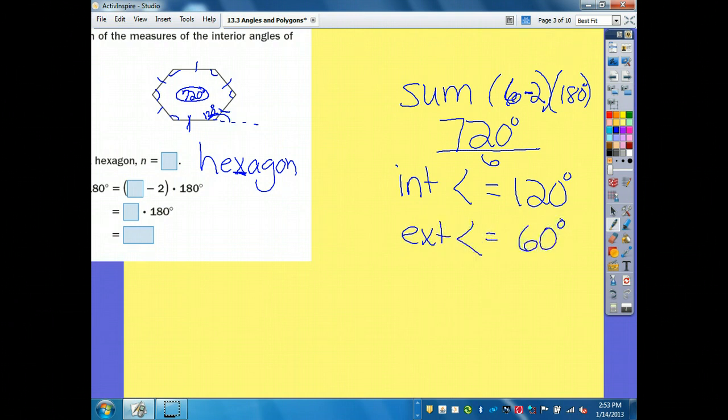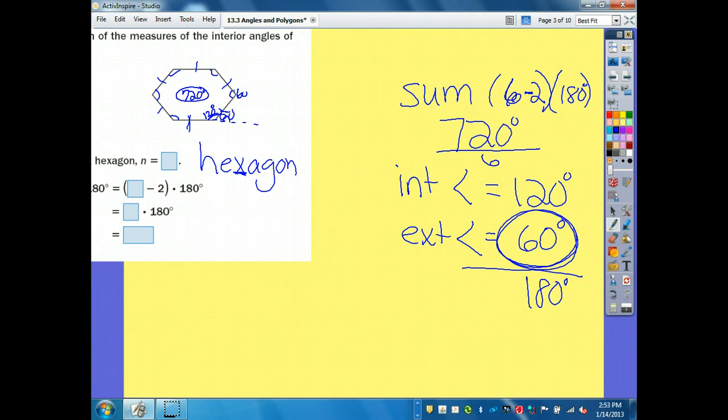Now, another little hint here, if we did it right, we know this looks good because these two add up to 180 degrees. That's a good sign when your interior and exterior add up to 180 degrees. But another good sign is when you take your exterior, all these exteriors are 60, and we have 6 on the outside.